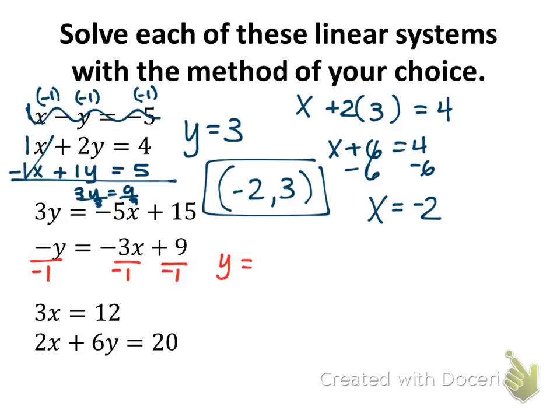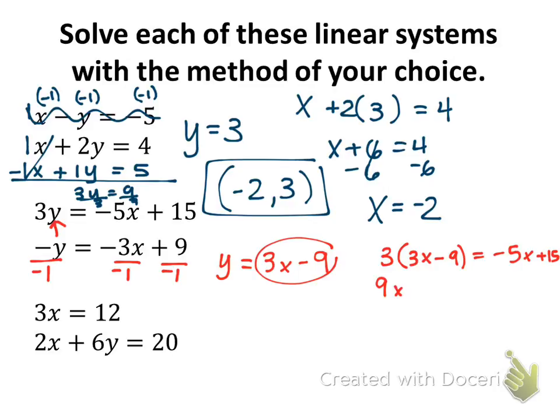And I get y is equal to 3x minus 9. Now I'm going to take this 3x minus 9 and plug it in for this y right here. So I'm going to do 3 times 3x minus 9 equals negative 5x plus 15.